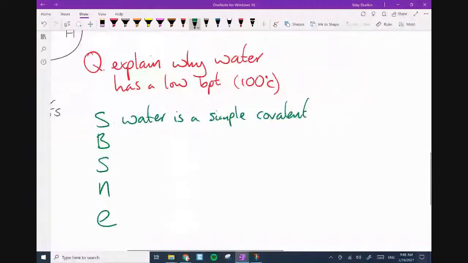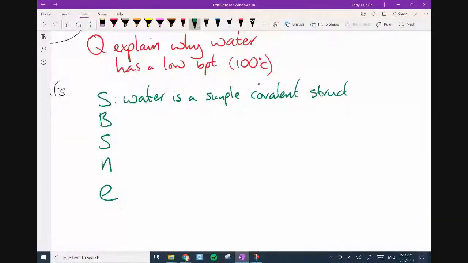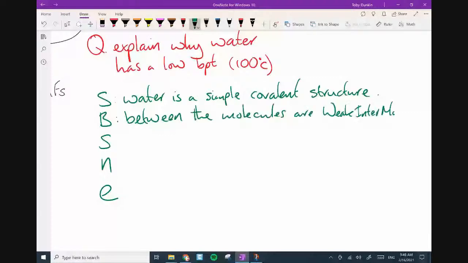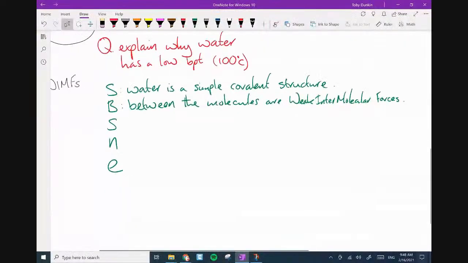Bonds between the molecules are weak intermolecular forces. You can't write down the word WIMFs, but you just translate it out.